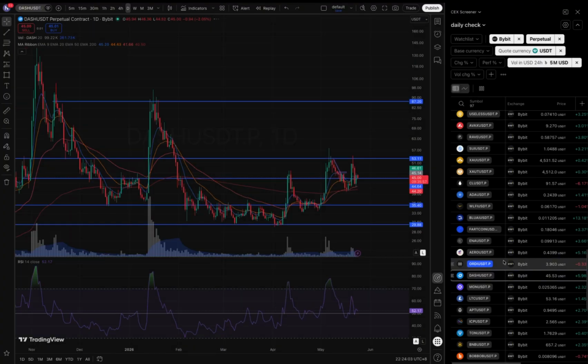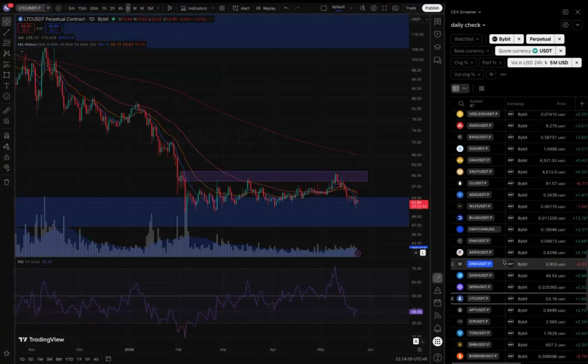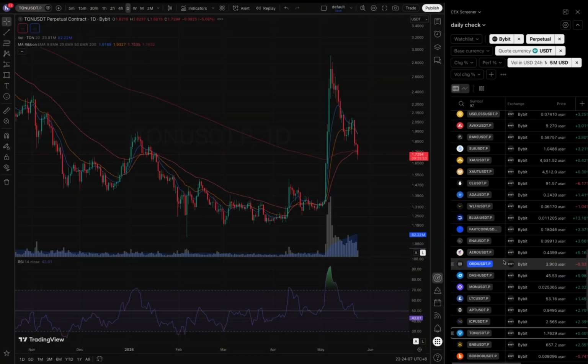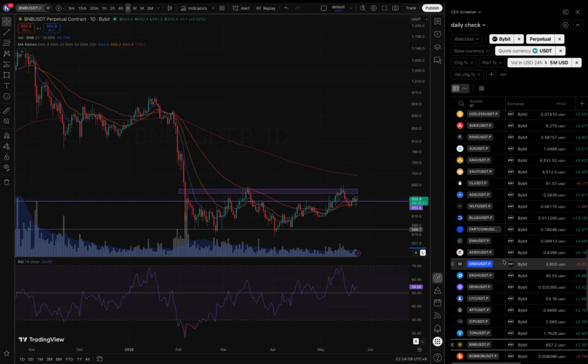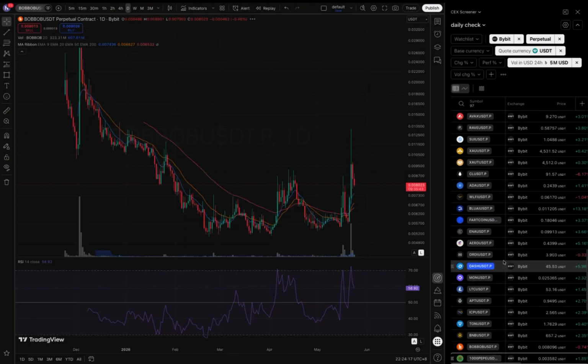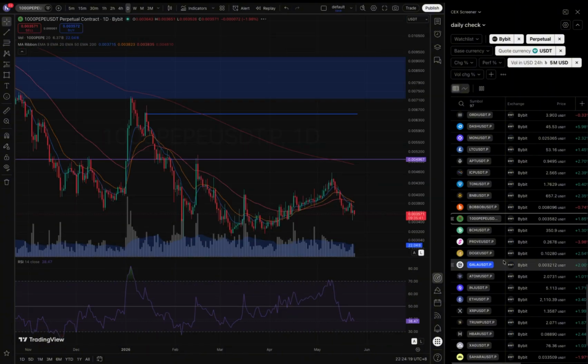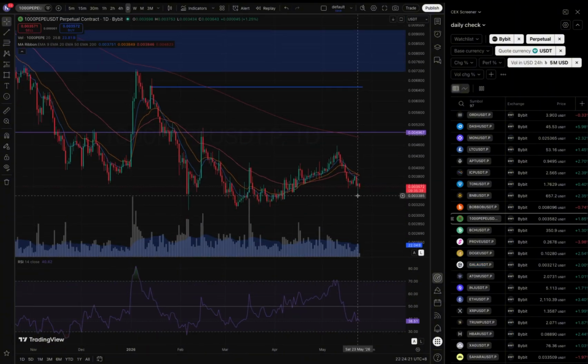We have to scan the markets for entries. BNB, I think there's a good entry there. Turning red. Pepe. Yep, that uptrend got destroyed.